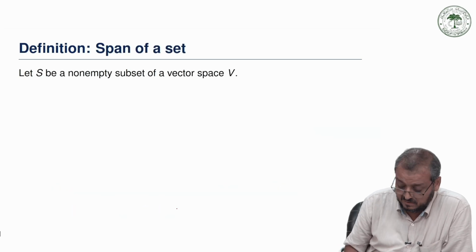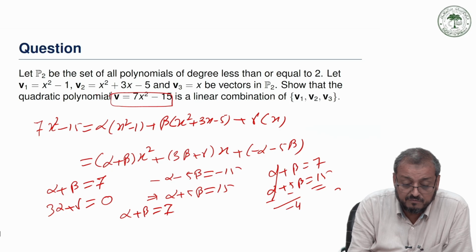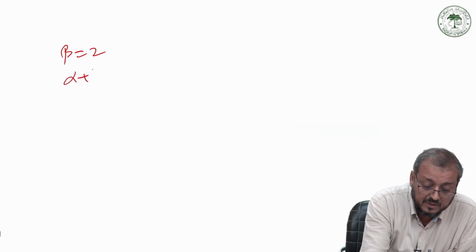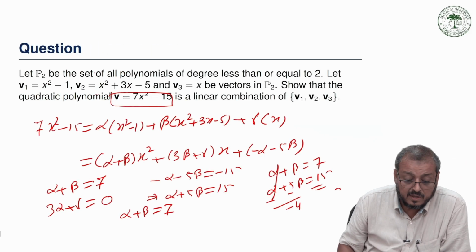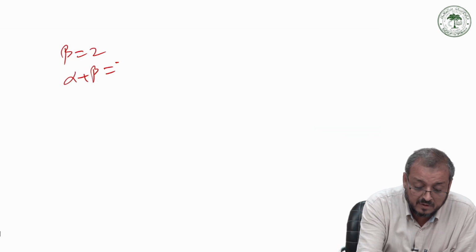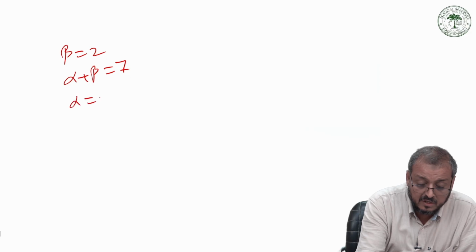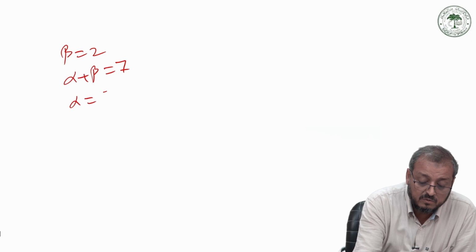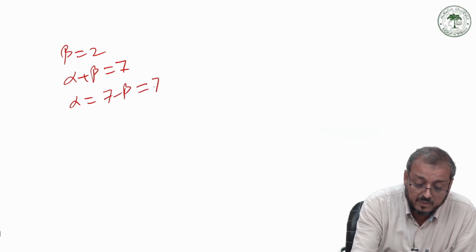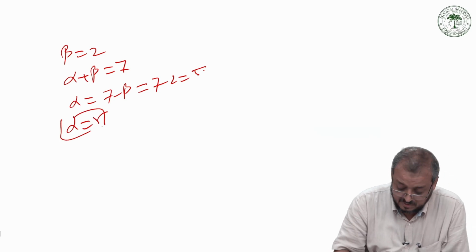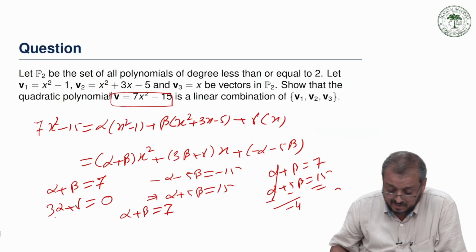So alpha is equal to 7 minus beta, which is 7 minus 2 equal to 5. So alpha is equal to 5.